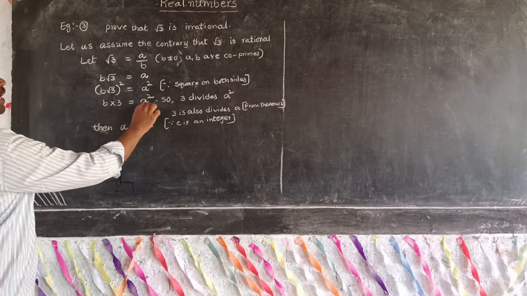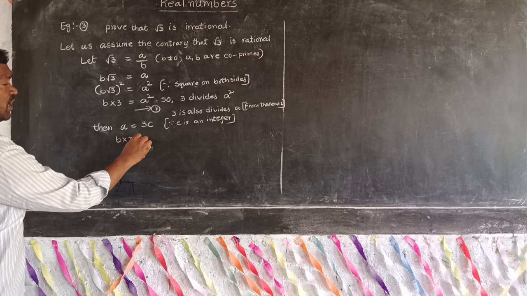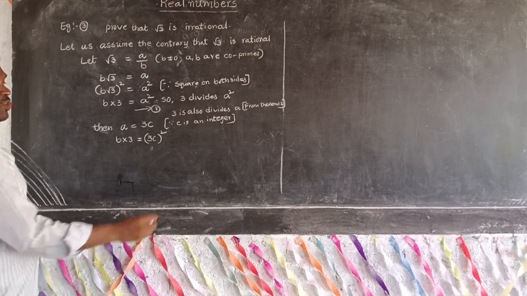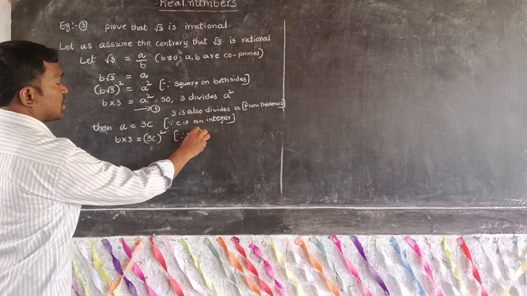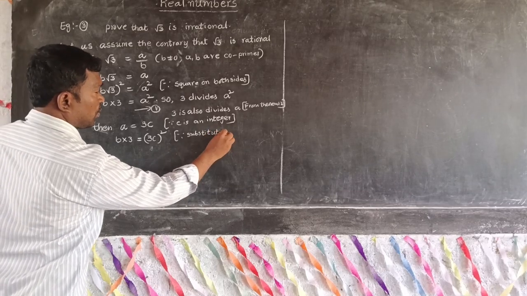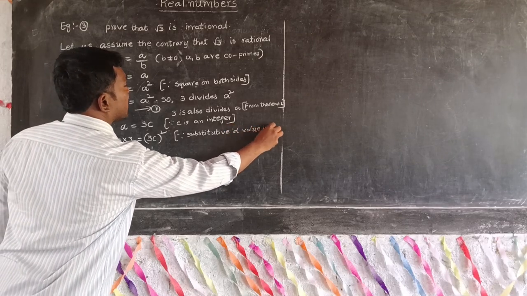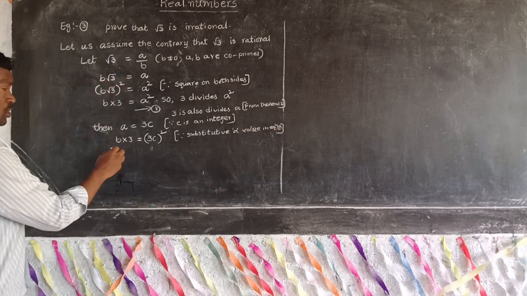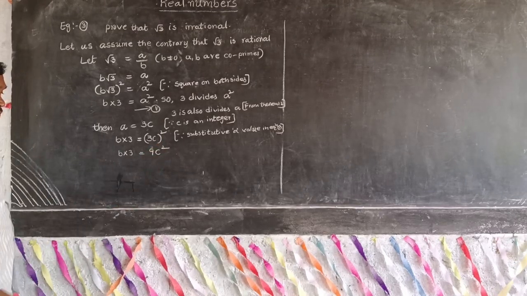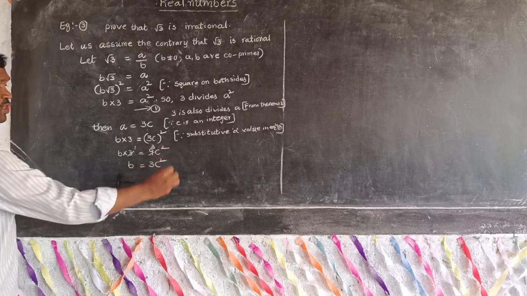Substitute the a value in equation 1. b squared into 3 equals (3c) whole squared, so b squared into 3 equals 9c squared. Cancelling 3 on both sides, b squared equals 3c squared.